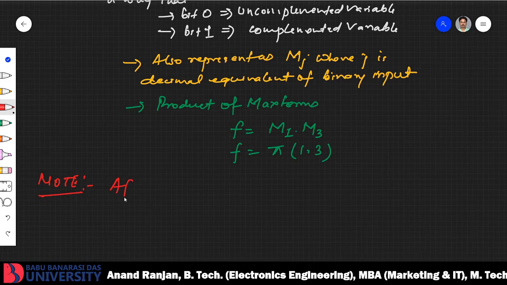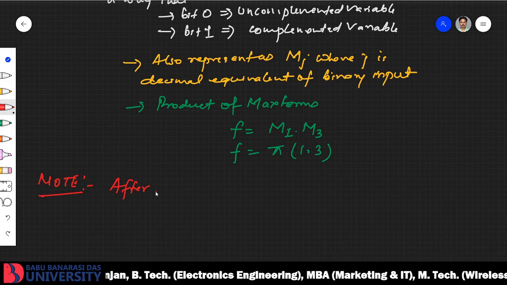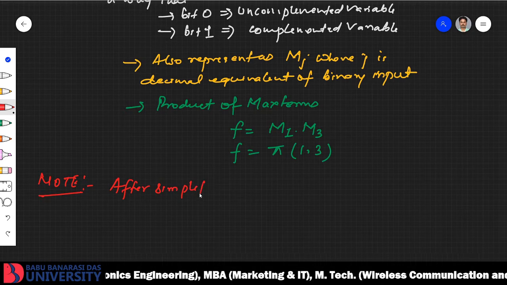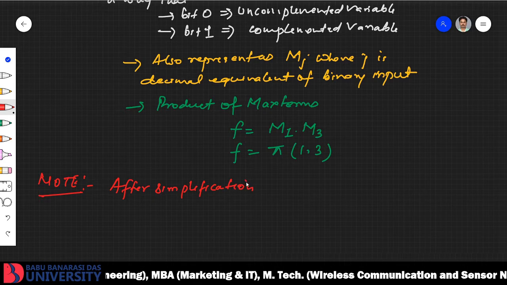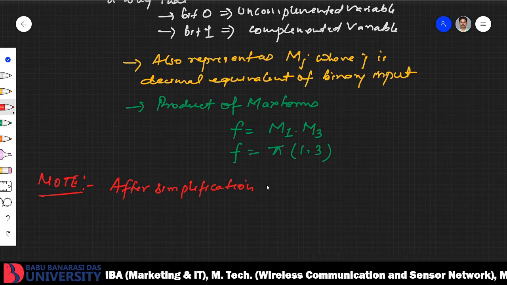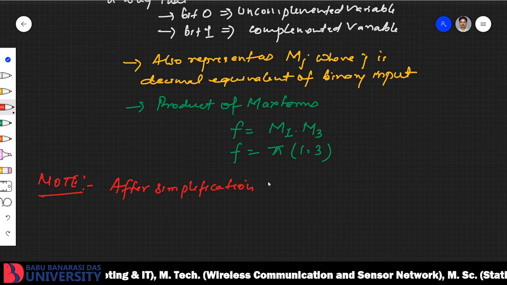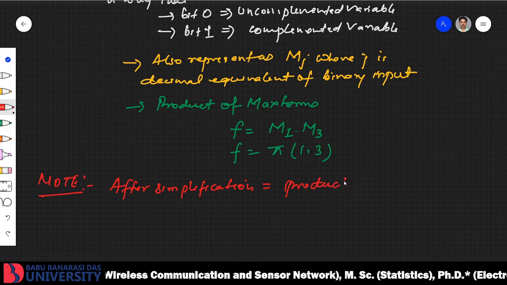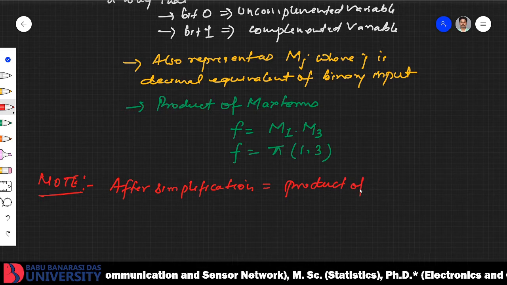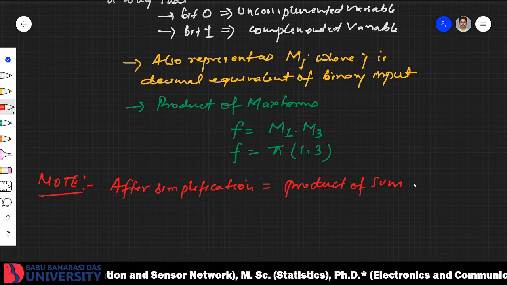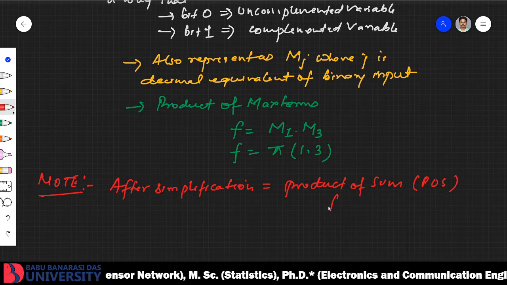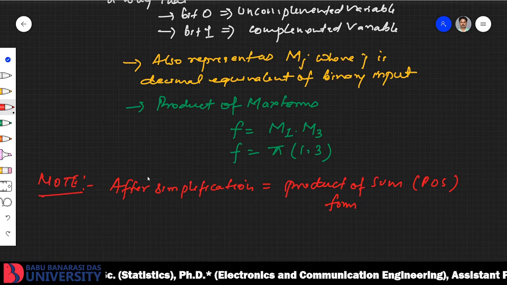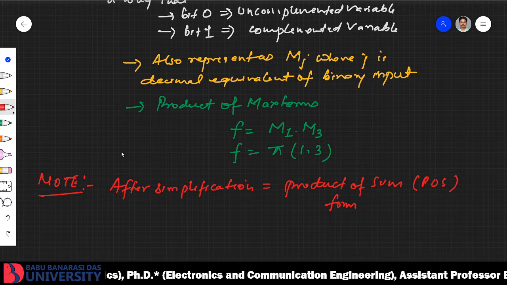After simplification of this product of max term expression, we get the product of sum, or the POS form of the binary digital system.